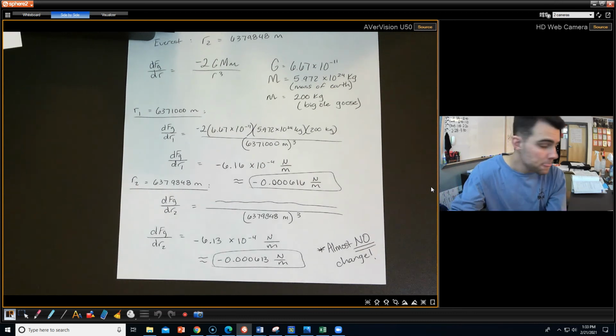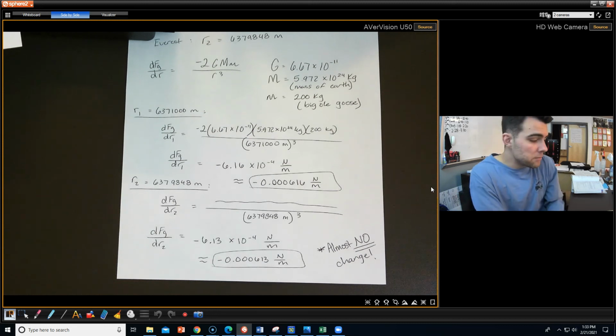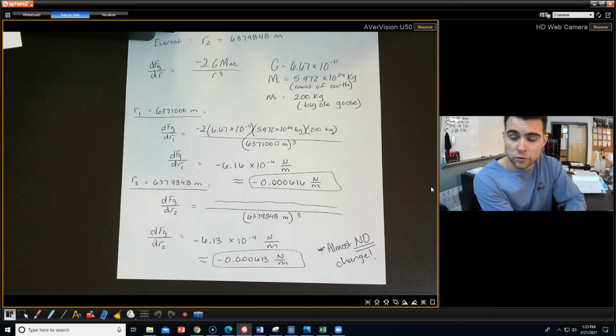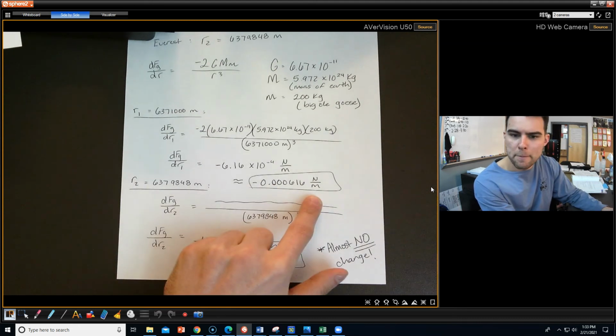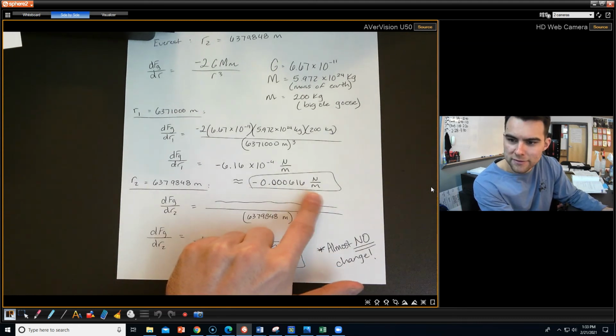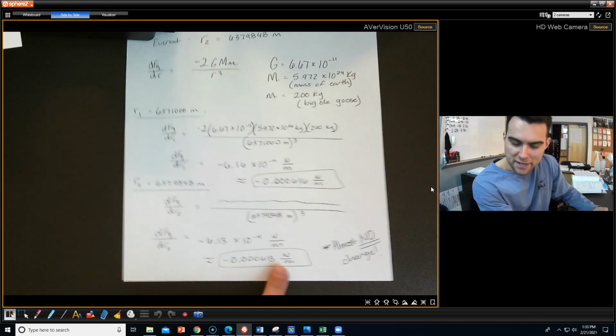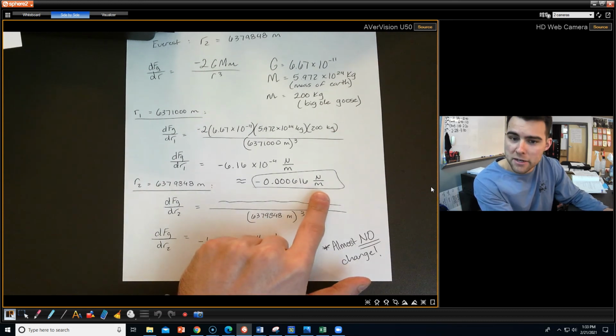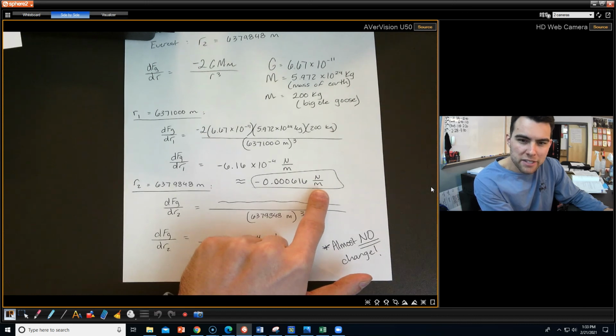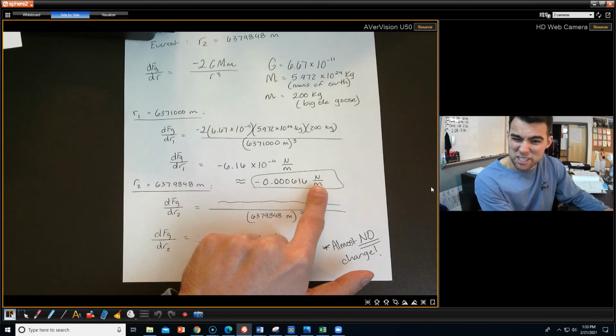This isn't necessarily a velocity, but going back to the speed, every second you're traveling a certain amount of meters. That's your speed. So every meter we move at Mount Everest or at sea level, this goose only experiences a negative 0.000616 force of gravity change in newtons. That's very small, very insignificant.